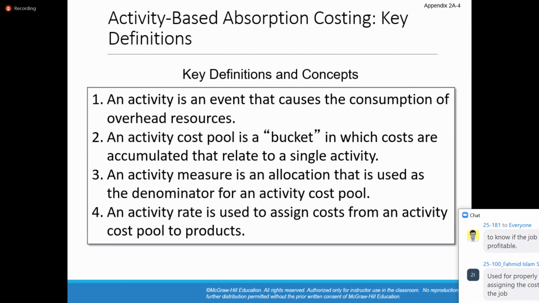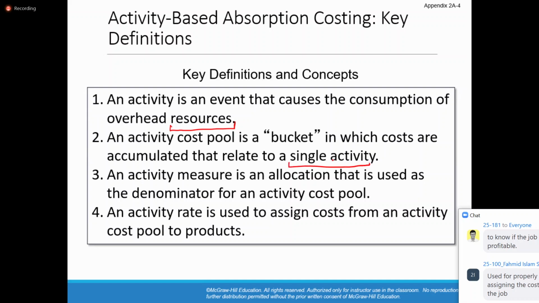An activity is a kind of event which uses resources. Resources for what? Resources which are part of overhead. If you undertake this activity, obviously you need resources, but an activity is any event which uses the overhead resources. Okay. I was telling you about the activity cost pool. For a single activity, you need to incur a number of costs.